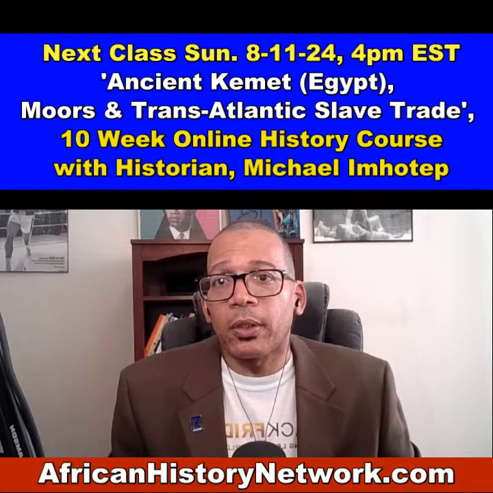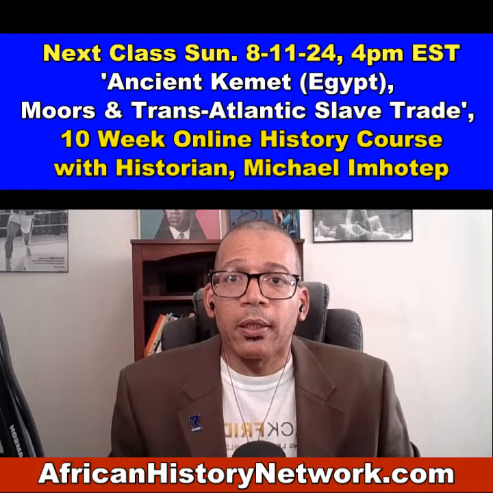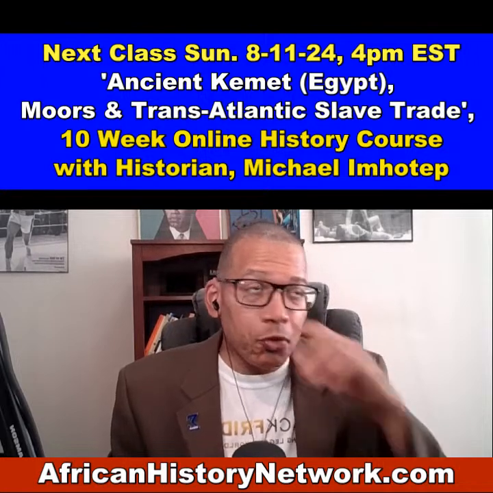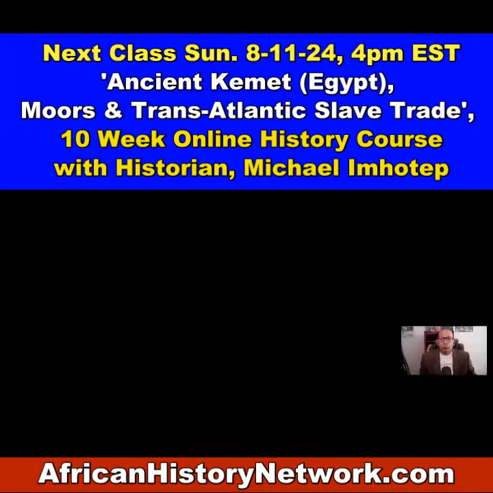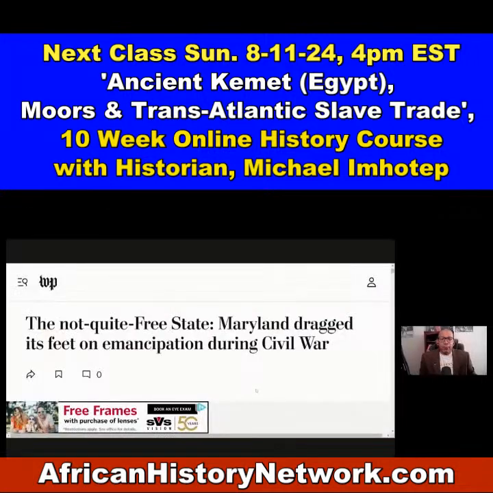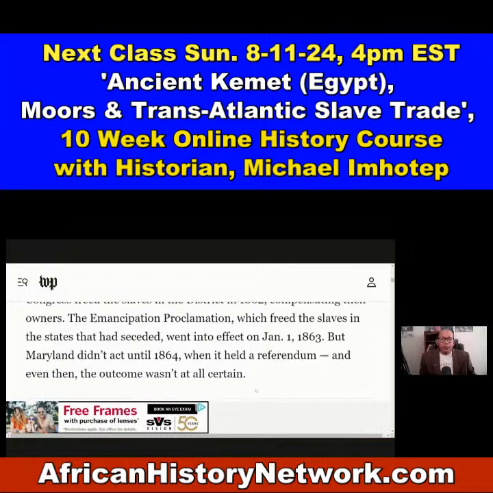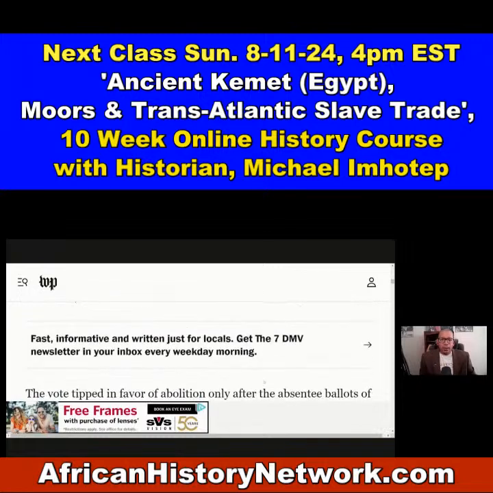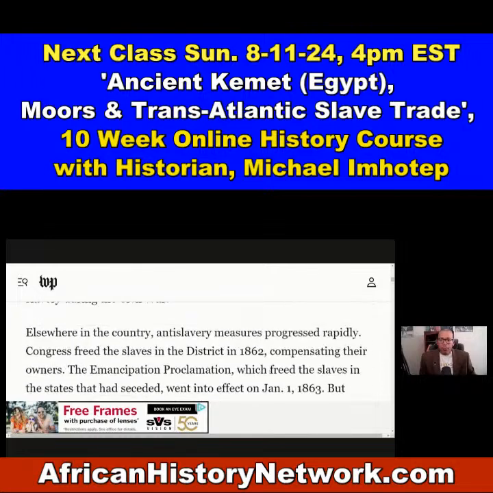I use this in this class and my second class on Black resistance movements, looking at history 1492 to 1968. The Not Quite Free State. Maryland dragged its feet on emancipation during Civil War. They had to put it on the ballot to determine whether they were going to end slavery or not.